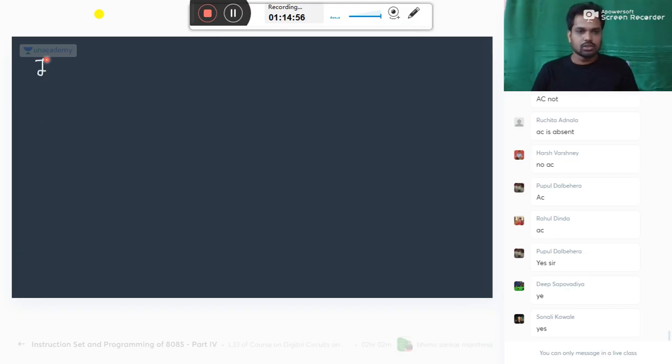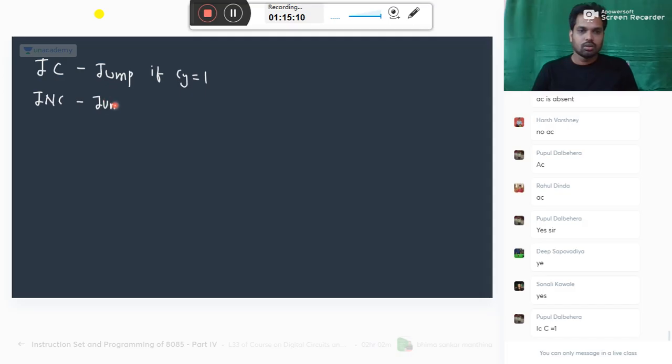So what instructions are there? JC means jump if carry flag equal to 1. JNC means jump if no carry, that is carry equal to 0. So jump when carry is generated, jump when carry is not generated.